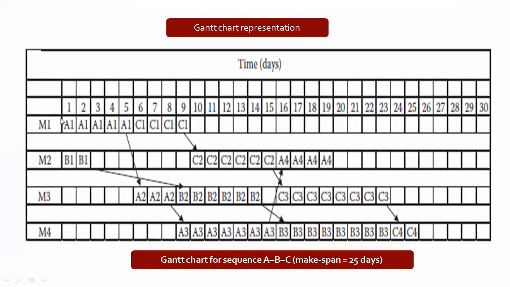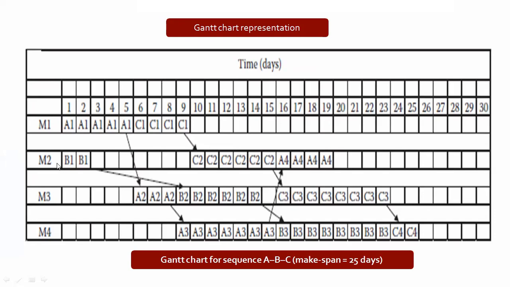So suppose we are having activities. We'll first make the row of activities from 1 to 30 and give the numbers. Then for machine M1, A1 takes 1, 2, 3, 4, and 5, so 5 units for A1. Then 6, 7, 8 and 9 for C1.